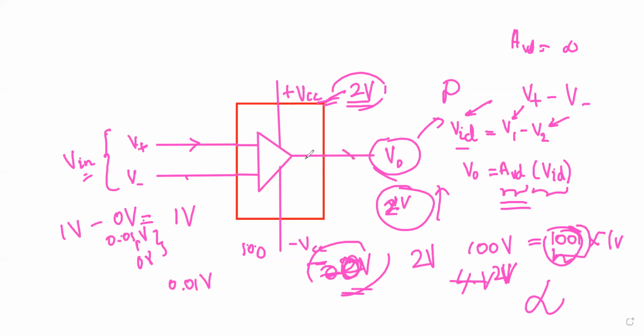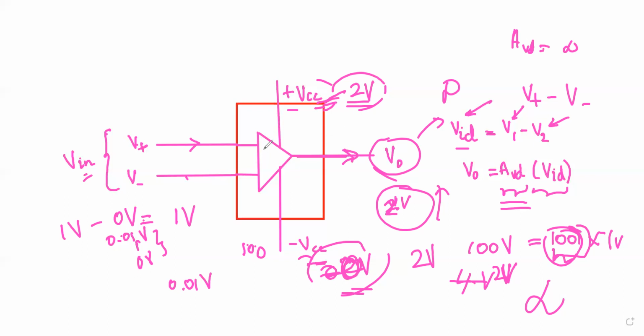But here, although it's not taking the current, it will provide the current from this side output, because we are giving the other side source power also. So from that also it can draw the current. But when you are considering the input, theoretically we will say that the input current is nearly 0.